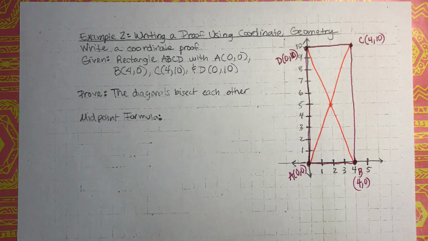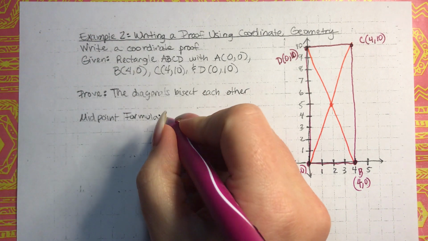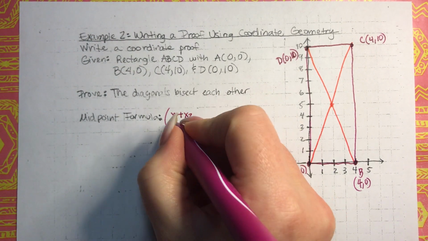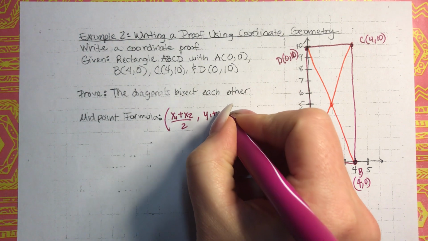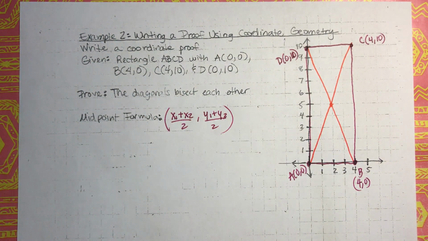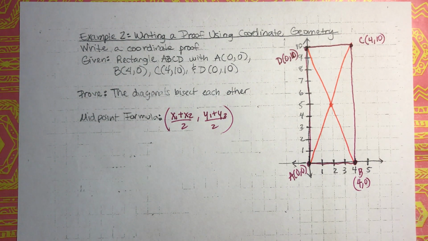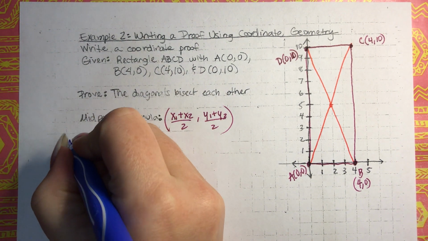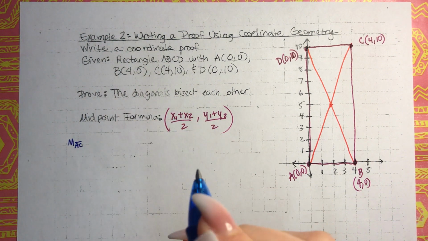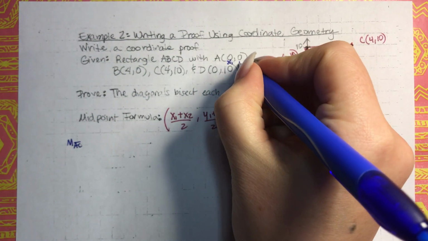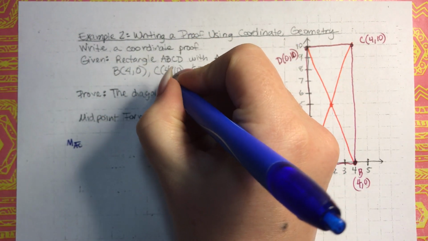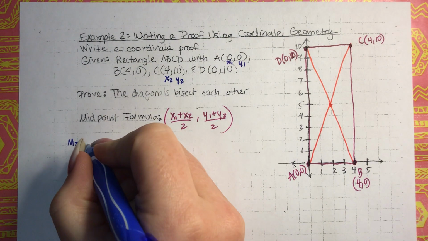All right, so the key to this problem is the midpoint formula, right? The midpoint formula is x1 plus x2 divided by 2, y1 plus y2 divided by 2. Okay? So first we're going to find the midpoint of AC. I'm going to call A my x1, y1, and C my x2, y2.